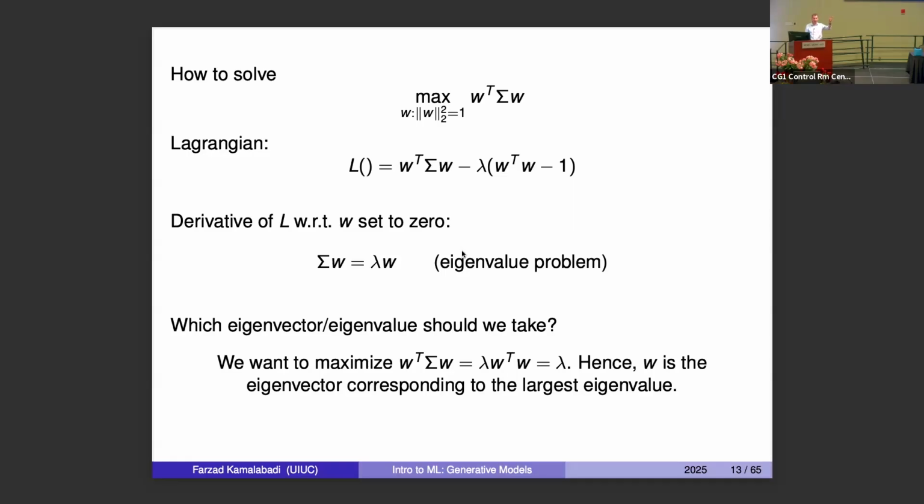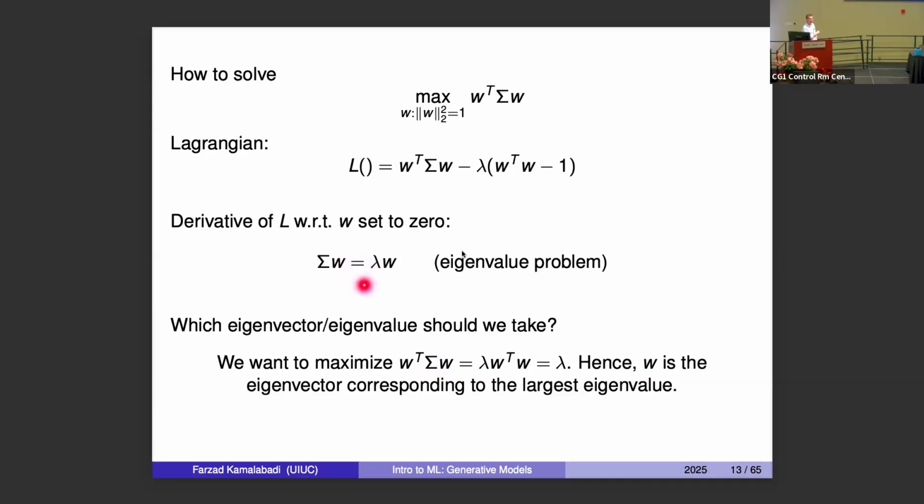As a reminder, when you do eigenvalue, eigenvector decomposition, the eigenvalues are ordered, the largest to the smallest, in decreasing order, right? And the way to think about how to parse this question is we want to maximize this quantity, W transpose sigma W, which is all you do is just multiply this expression.